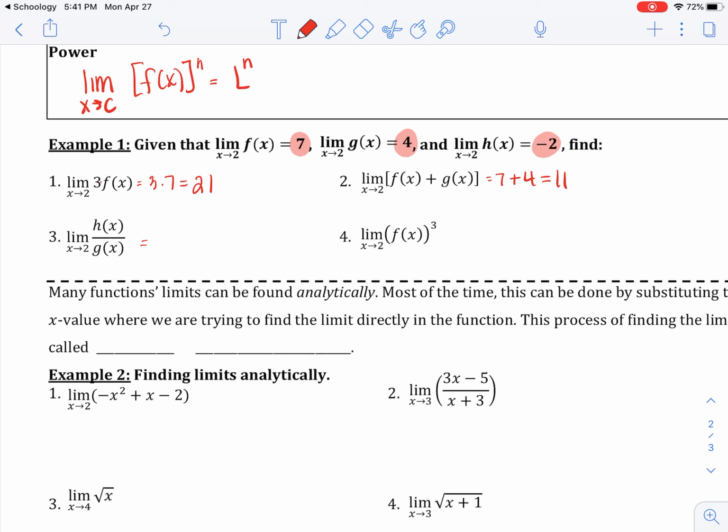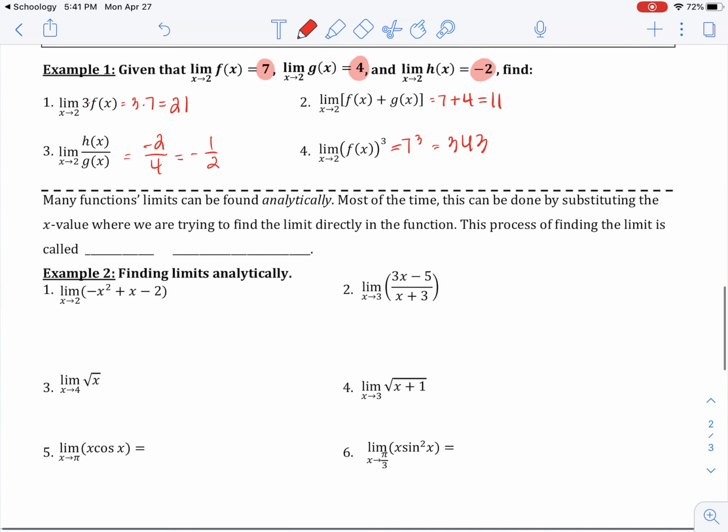So that would be negative 2 divided by 4, which we can simplify to negative 1/2. And then the last one, limit as x approaches 2 of f of x to the 3rd power. I can take the limit as x approaches 2 of f of x, which is 7, and bring that to the 3rd power. So 7 to the 3rd power, 343.